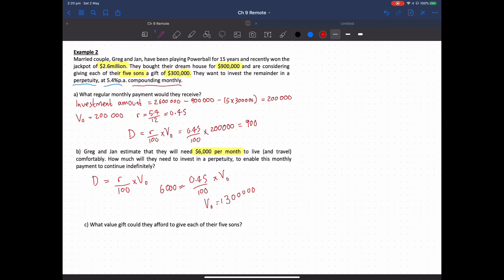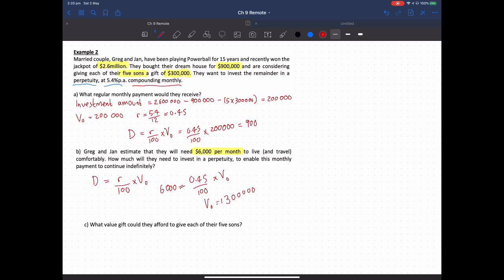So Part C, what gift could they afford to give each of their 5 sons? So we're now in a very different situation here. We know to get $6,000 a month, they have to invest $1.3 million. So now let's look at their situation about what they can afford to give their 5 sons.